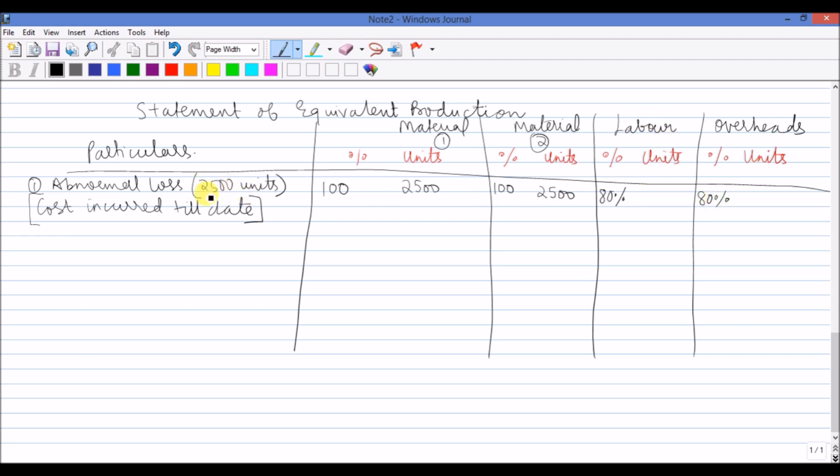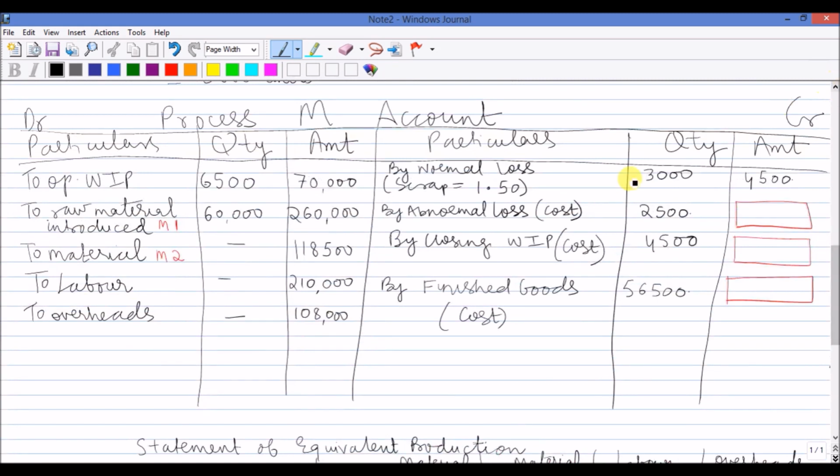So 500 into 80% you have to do. 500 into 80% is 400 units, and here also it would be 400 units. It's very simple.